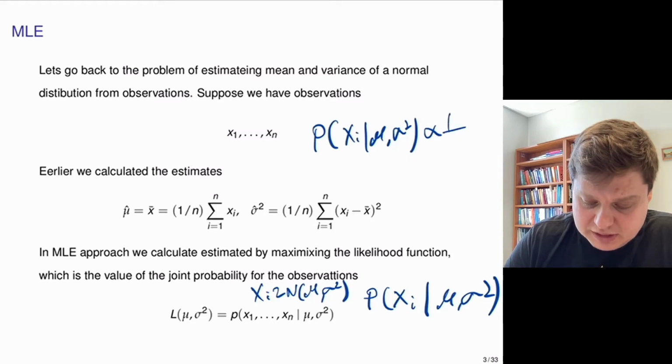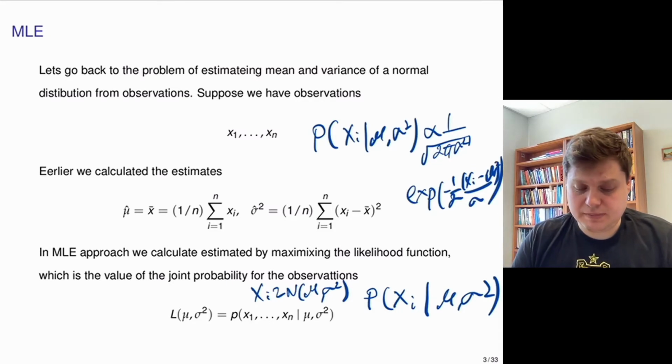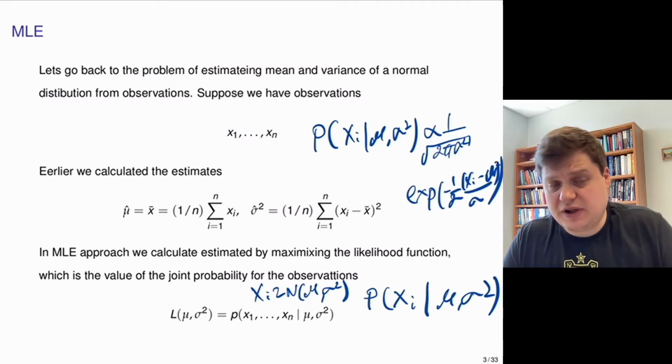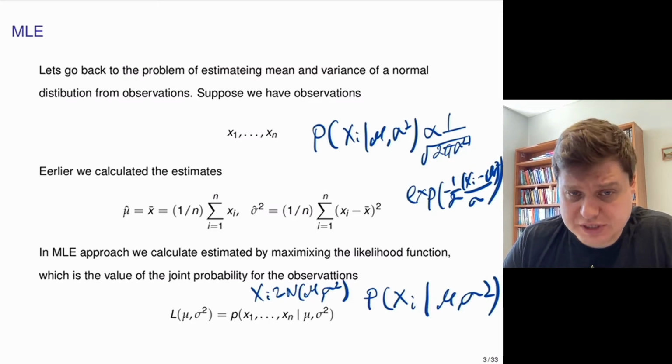So you have this normalizing parameter, 1 over the square root of 2 pi sigma squared, and then you have an exponential, and in the exponent you have minus 1/2 times (xi minus mu) divided by sigma, squared. Okay, so you have some density function, so you know the likelihood of observing each of those samples.